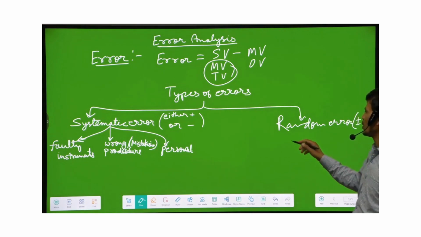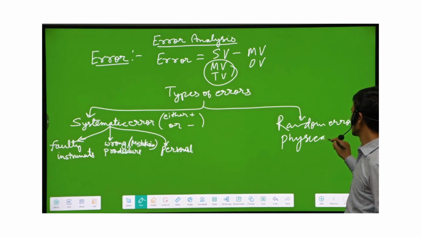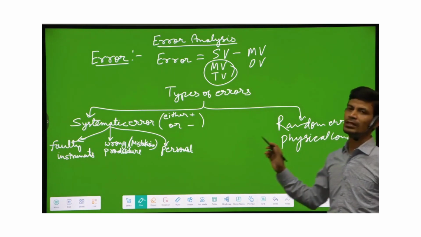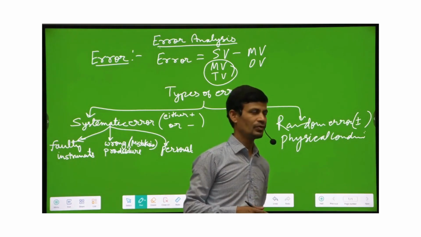Then random errors are due to some physical condition, some physical condition which can change the reading, which can affect our observation.